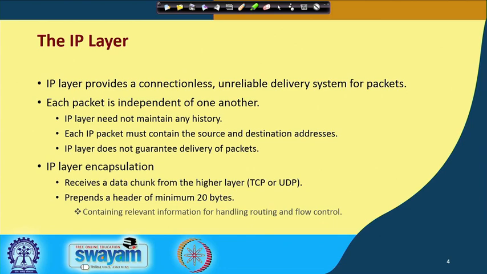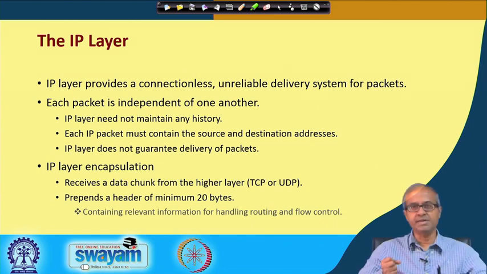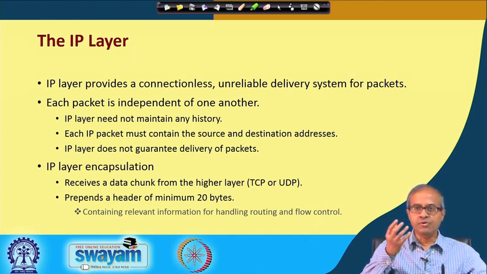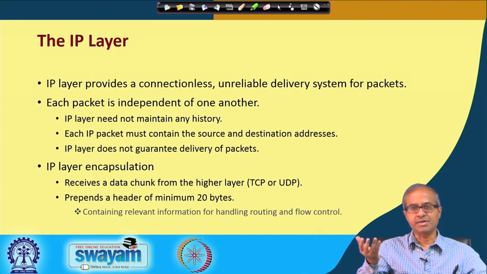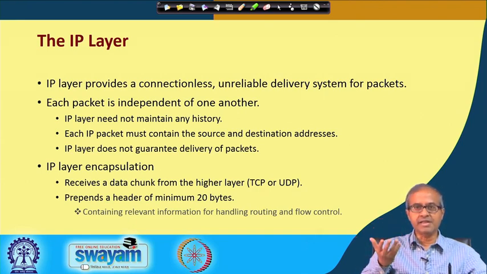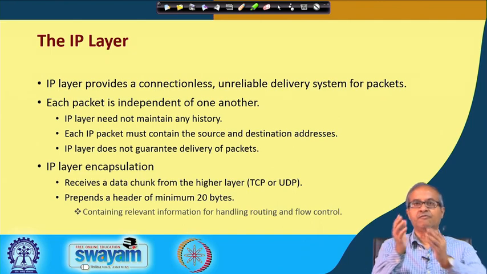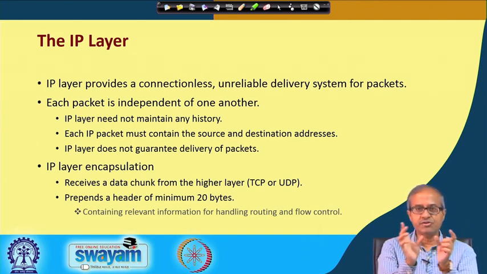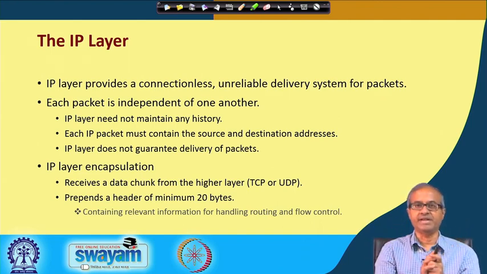Now, in the networking layer the main responsibility is to route the packets that are flowing through the network. This is the main responsibility of the IP layer. Now, another thing I also mentioned, this we shall be discussing later, that IP is also responsible for breaking up a large packet into smaller packets if required.